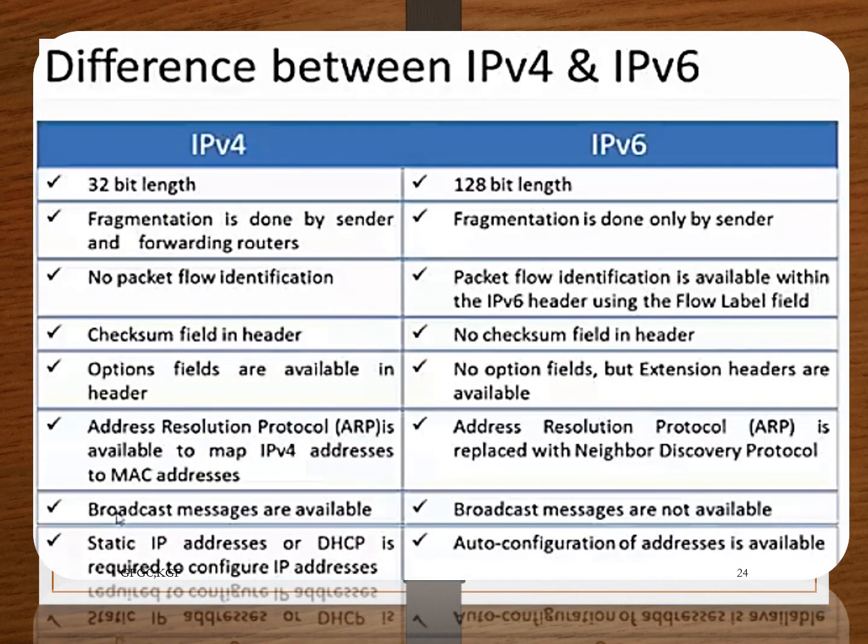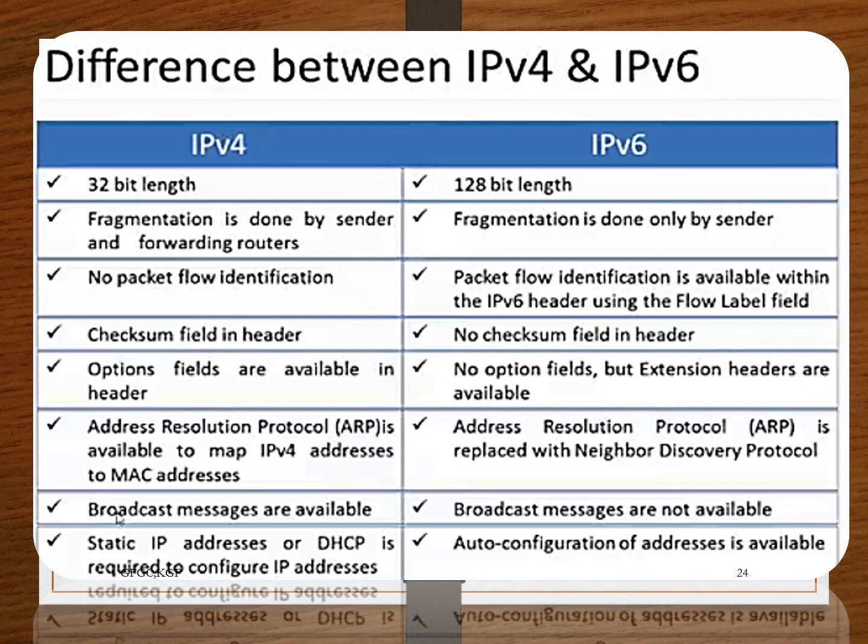So far we have discussed what the IPv4 and IPv6 header formats and its features are. Now let us discuss some of the differences between IPv4 and IPv6. Coming to IPv4, it is 32-bit length and IPv6 is 128-bit length. In IPv4, the fragmentation is done by the sender and the forwarding routers, whereas in IPv6, fragmentation is done only by the sender.